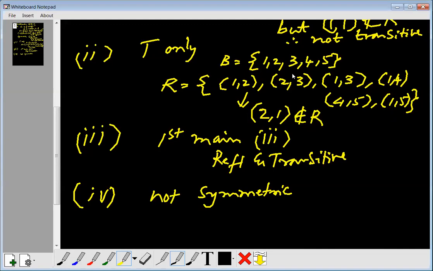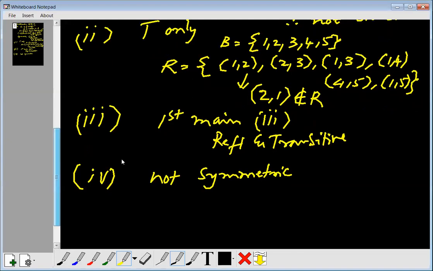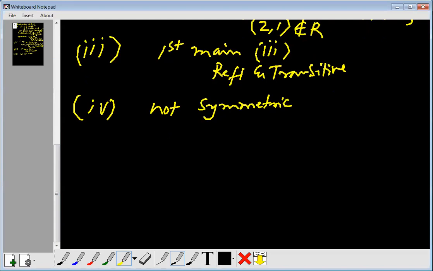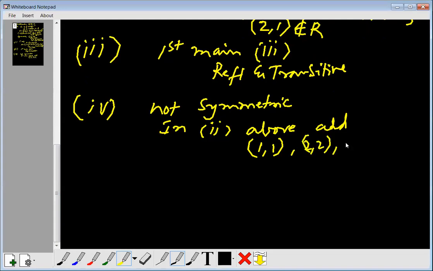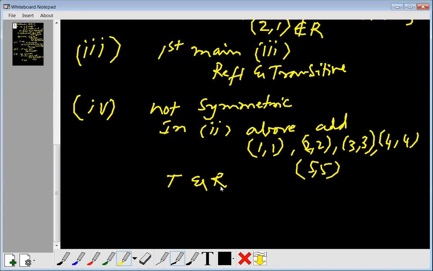Then automatically, for the second one above, add (1, 1), (2, 2), (3, 3), (4, 4) and (5, 5). So then it was already transitive and it becomes reflexive also, and not symmetric. Why not symmetric? Because (2, 1) doesn't belong to that relation. Therefore, it is not symmetric.